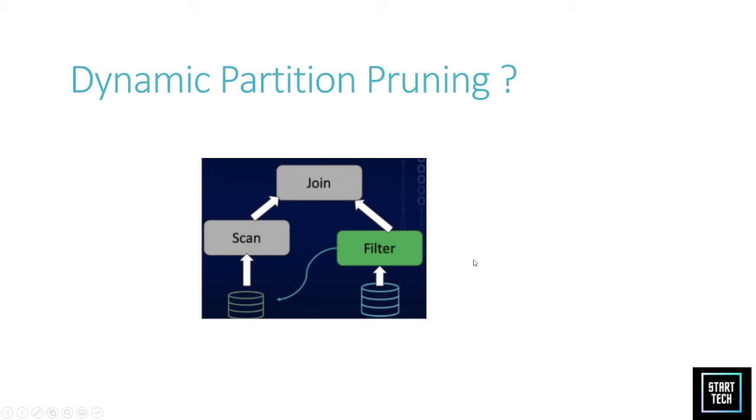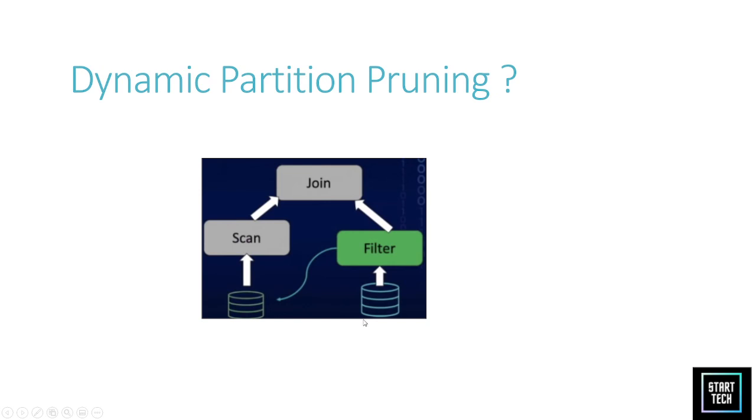The last feature in Spark 3.0 related to performance is dynamic partition pruning. Previously we also had partition pruning, but in Spark 3.0, what they have done is, suppose we consider a star schema, or data warehousing kind of concept, where we are doing a join on two tables, one is the dimension table and one is the fact table.